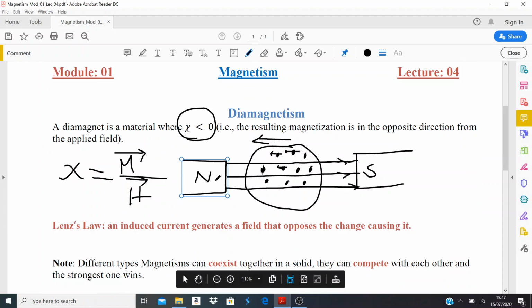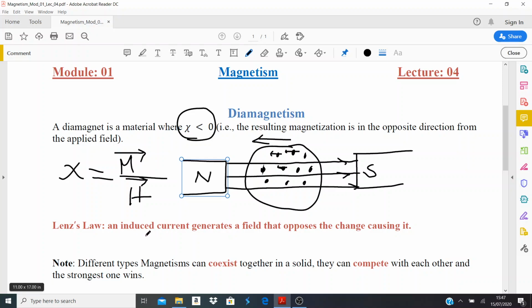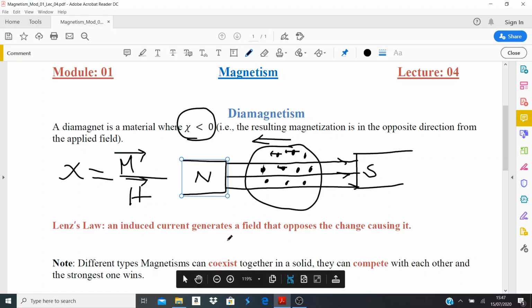This phenomenon should remind you of Lenz's law from your first year physics course, that an induced current generates a field that opposes the change causing it, right? So these moments are generated in such a way that they are trying to oppose the external field. It seems a reappearance of Lenz's law.